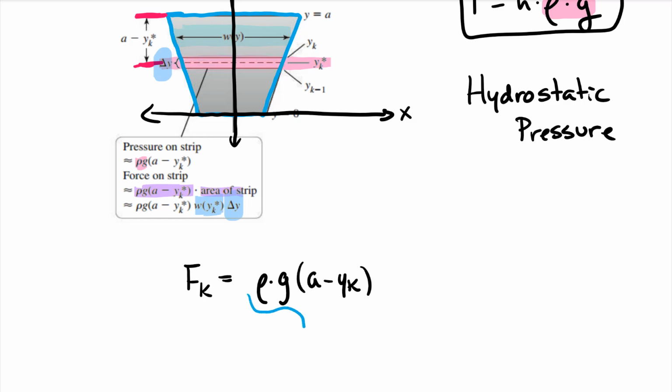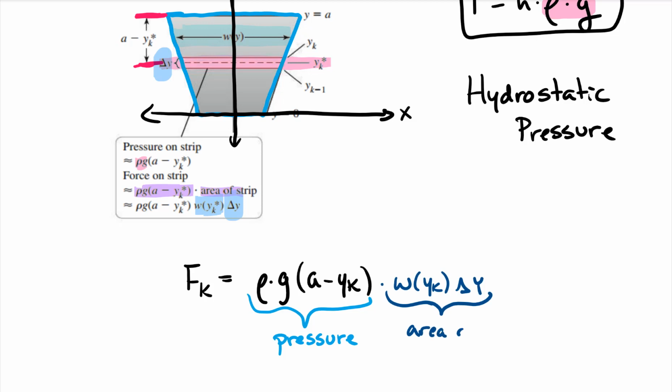This here is the pressure. Then we need to multiply by the area of said strip, which is the width of y sub k times delta y. That's the area of the strip.